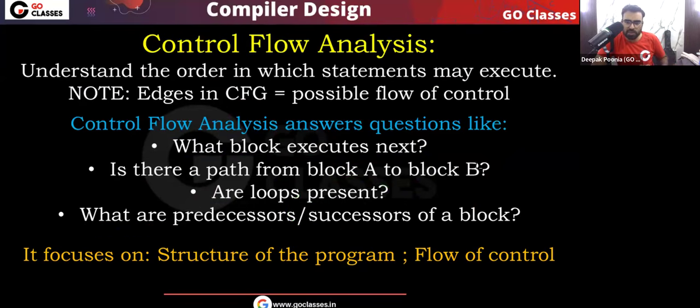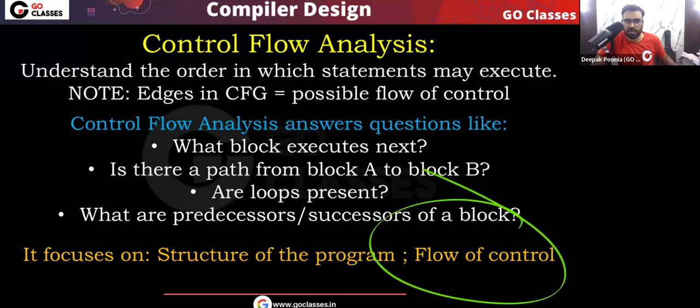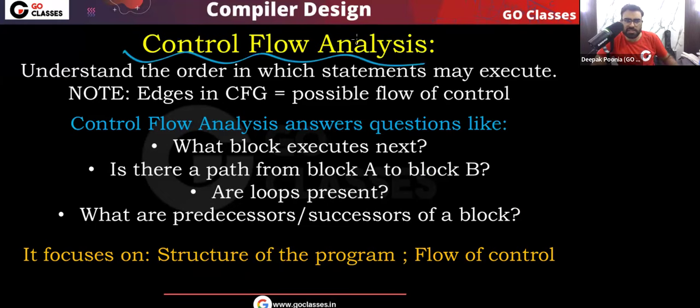So basically, to answer all these questions, we need to do the control flow analysis. I hope you understood. You can see control flow analysis focuses on the structure of the program and the flow of control. Did you understand? Don't worry, control flow analysis is not in the GATE syllabus, but did you understand some basic idea of control flow analysis?